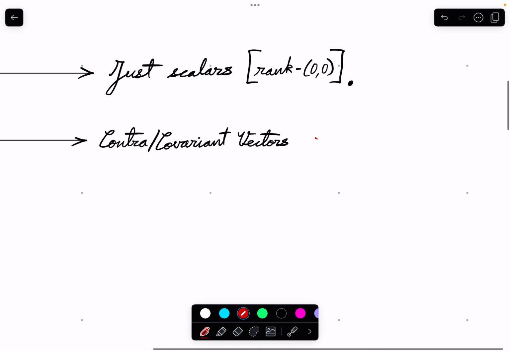These are written for the contravariant with a superscript mu, or you can have a subscript mu.